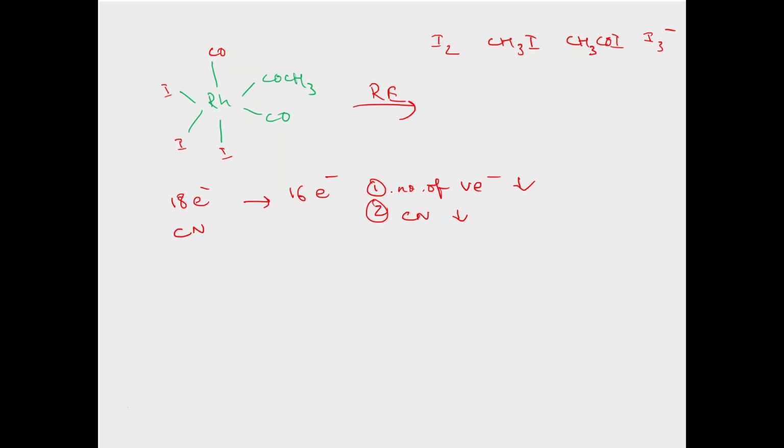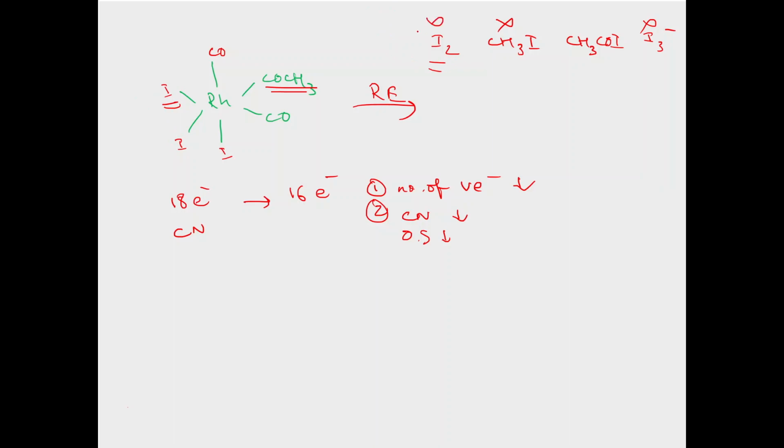And also after reductive elimination, the oxidation state decreases. So here, this COCH3 and I are cis to each other, right? Whereas CH3 already got migrated inside that carbonyl ligand, so CH3I can't be the option, I3 minus also no, and I2 will also not come out just like that.